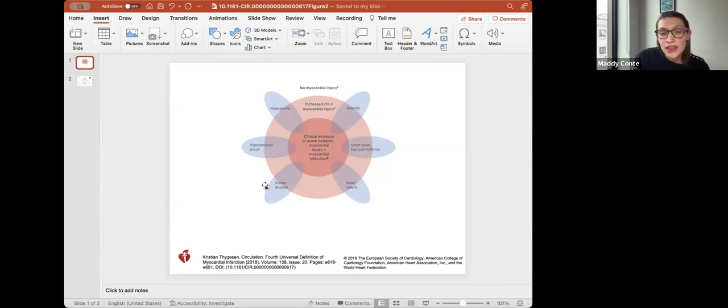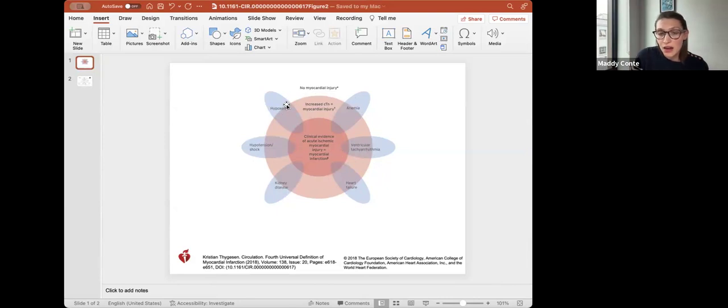And you can see within this larger myocardial injury bucket is a sub-bucket where you have ischemic myocardial injury. So all of this is really to emphasize that within myocardial injury indicated by elevated troponins, you have both ischemic causes and non-ischemic causes.